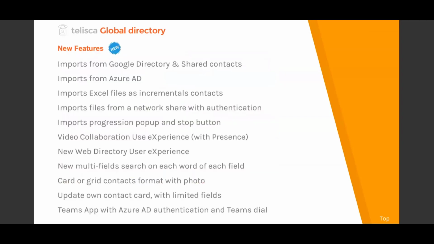So this product has existed for more than 15 years, but we still find new features to develop, or new interfaces with new environments to develop. In the last years, we have added more directory sources to import from: Google Directory, Google Shared Contacts, and recently Azure Active Directory.